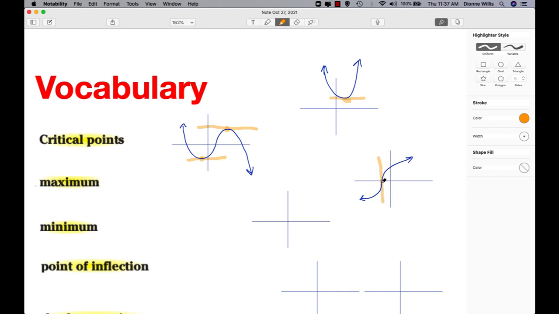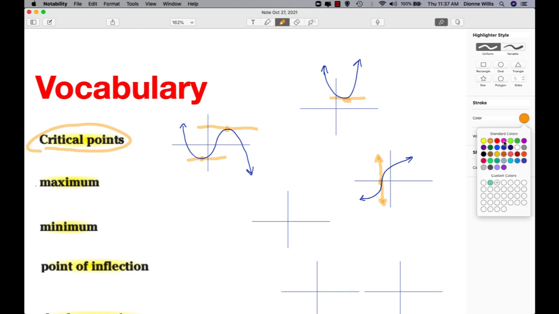Notice I'm technically trying to draw a line through one particular point. And so these critical points on the graph are, just as we said, sometimes maximums, minimums, or points of inflection. So hopefully it'll be clear as you just look at the graph what we're talking about.